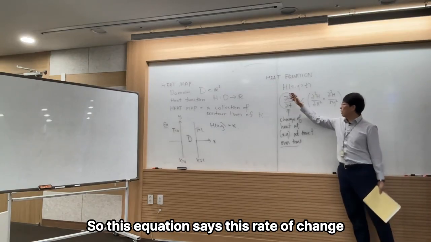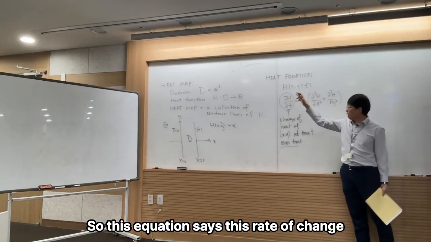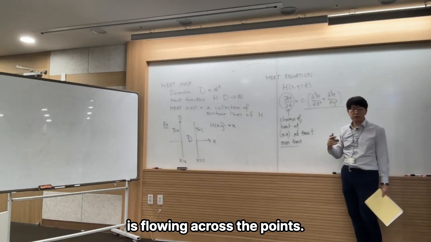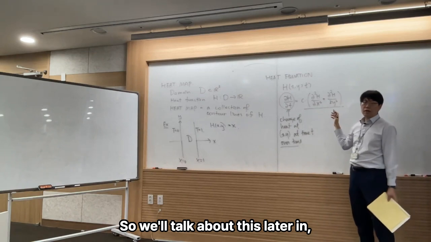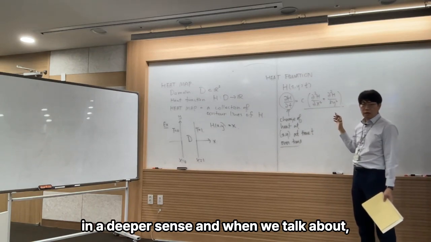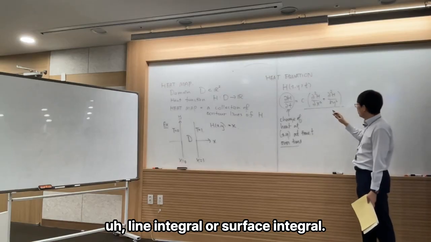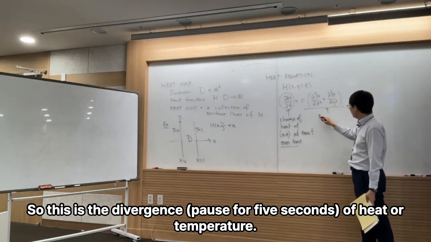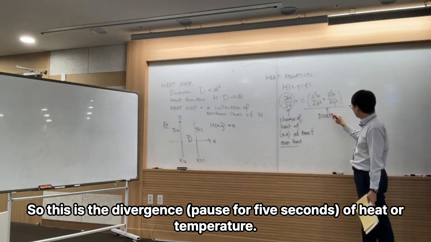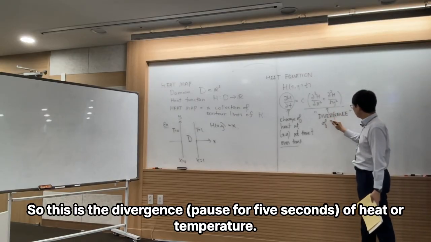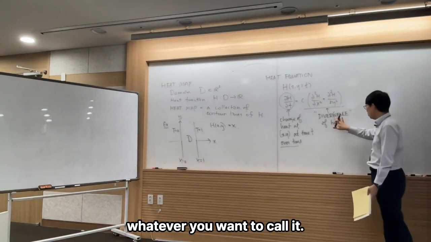So this equation says this rate of change is governed by how fast the heat is flowing across the points. So we'll talk about this later in a deeper sense, when we talk about line integral or surface integral. So this is the divergence of heat or temperature or heat energy, whatever you want to call it.